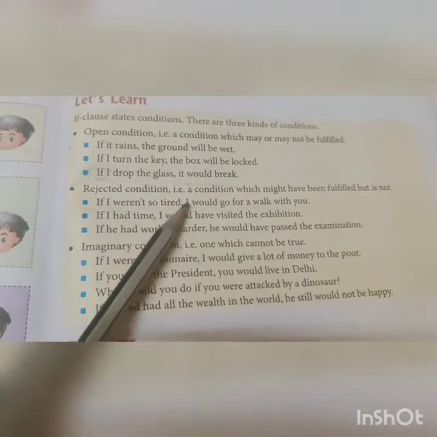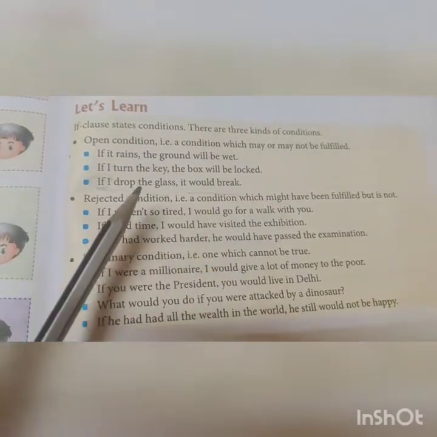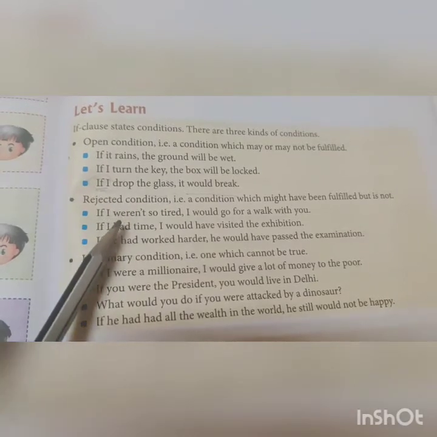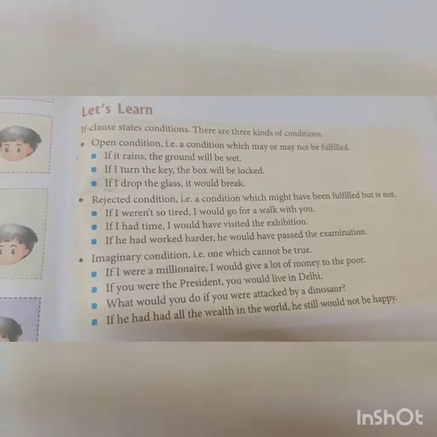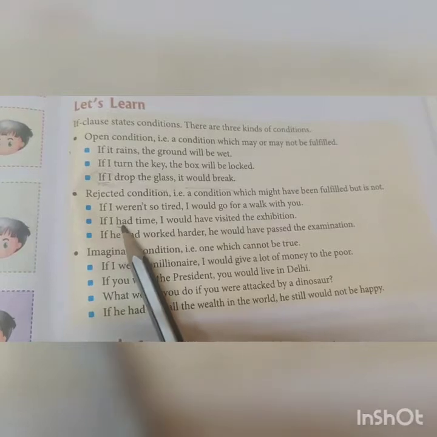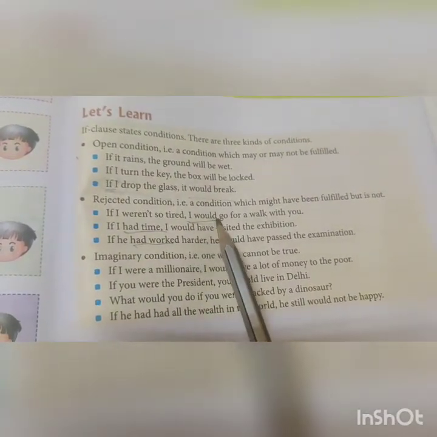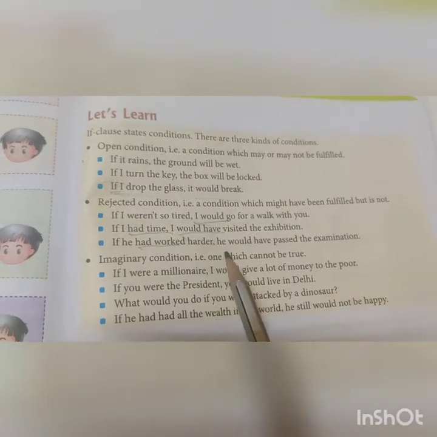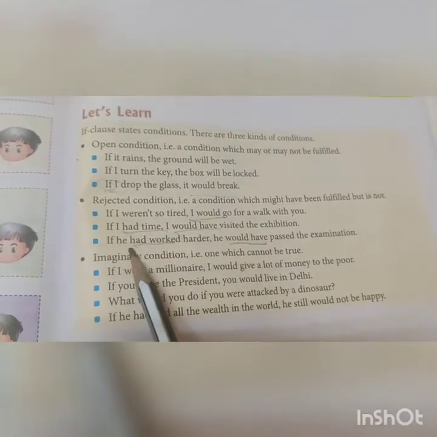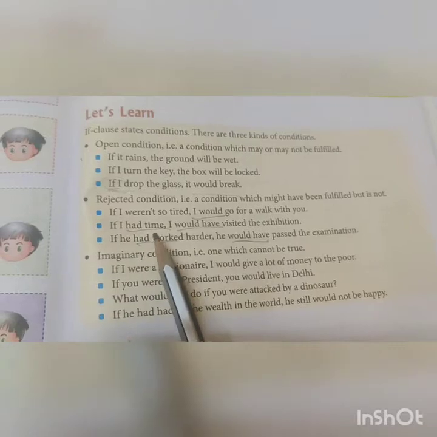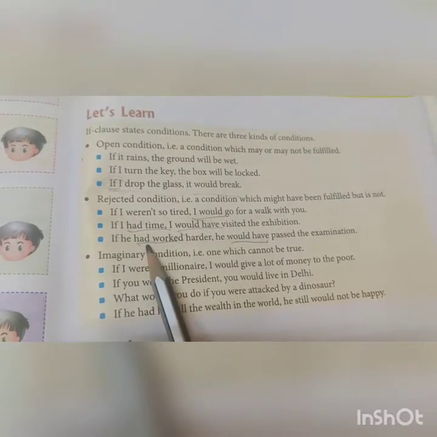Rejected condition, something that might have been fulfilled in the past. It is all in the past. Very prominent thing you can know about in the past is had here, would have. So you can see something here that is in the past.